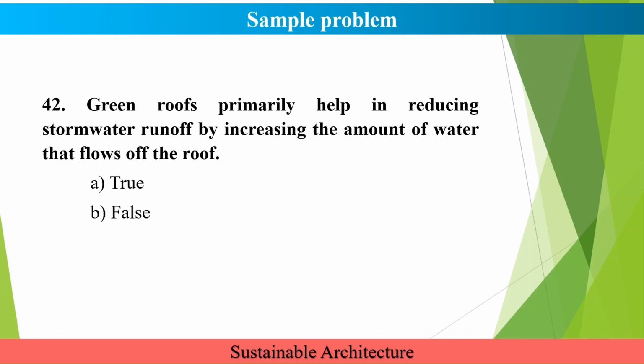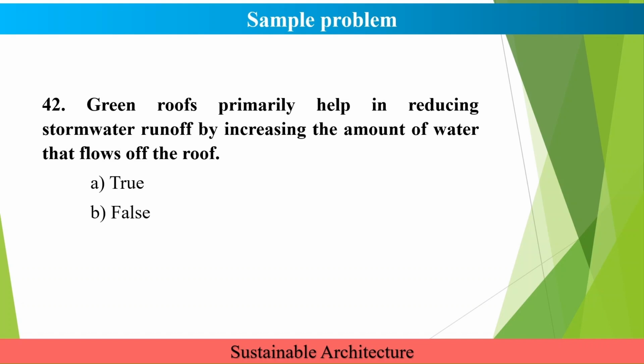Green roofs primarily help in reducing stormwater runoff by increasing the amount of water that flows off the roof. Okay, so this is absolutely wrong. So false is the right answer.